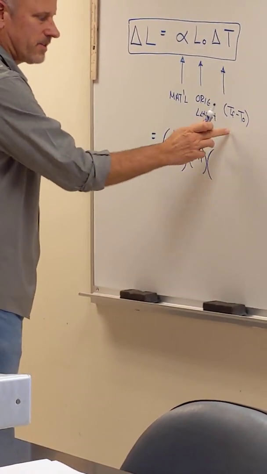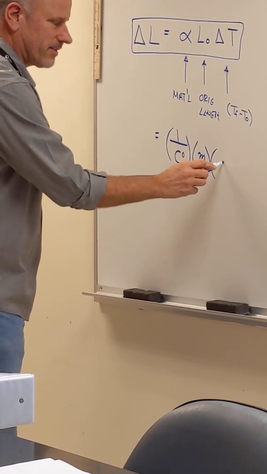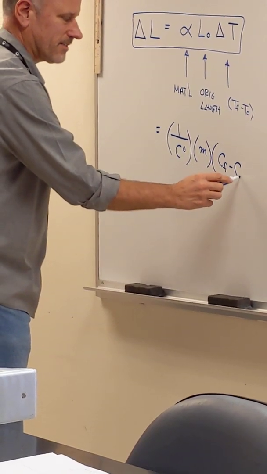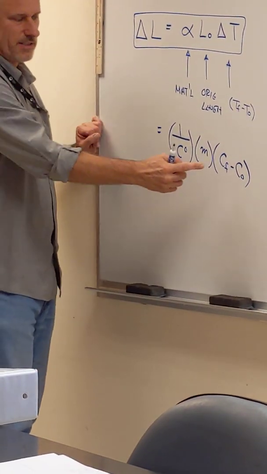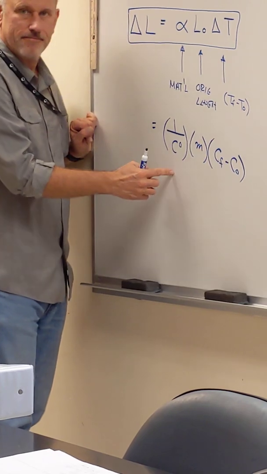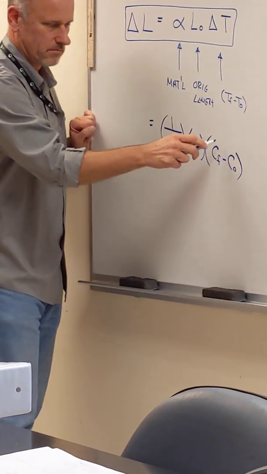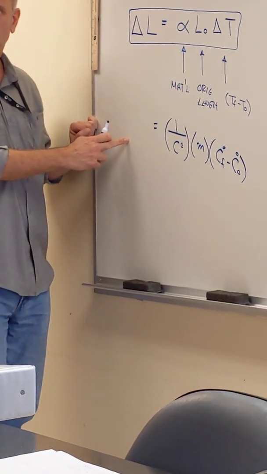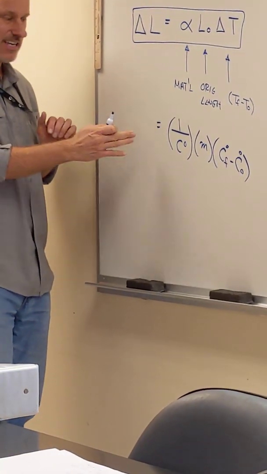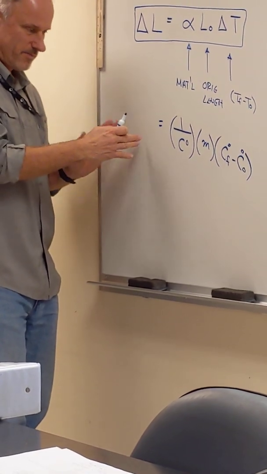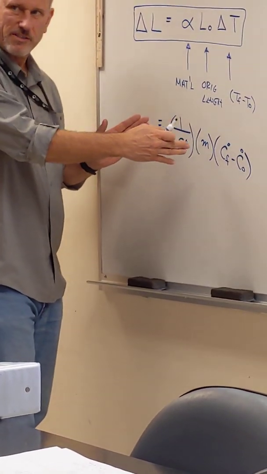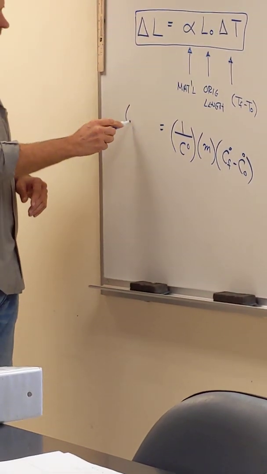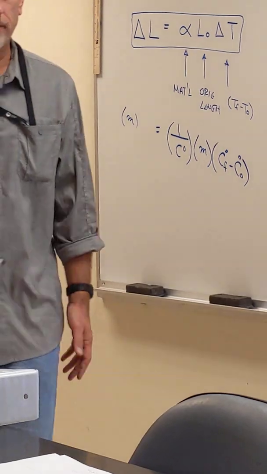And my temperature could easily be in degrees Celsius, right? So Celsius final minus Celsius original. So what happens to the degrees Celsius? They'll cancel, and I'm left with meters equals meters. So the change in length, in terms of meters, equals the meters that come from the original length, at least the units. Okay.